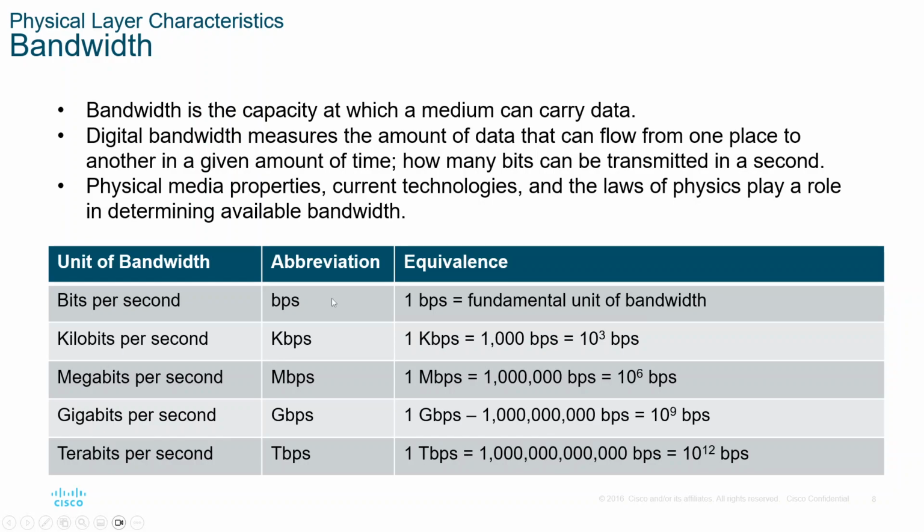So we have kilobits per second, megabits per second. I'm sure megabits per second in a local area network is obsolete. Most local area networks now use at least 1 gigabit per second. I think internet connection is still megabits per second. Anybody has gigabit per second internet connection? No, eh?